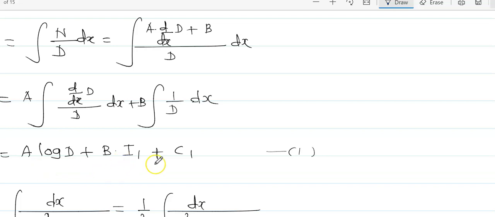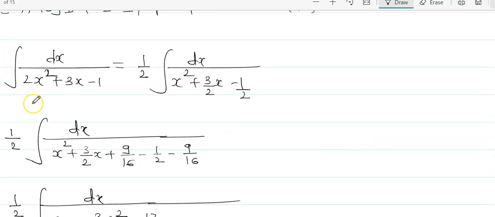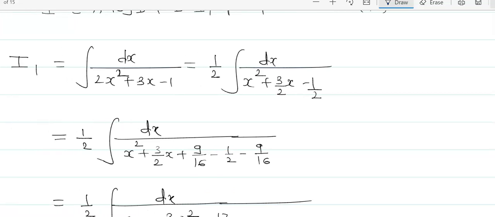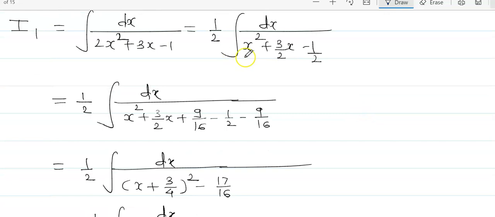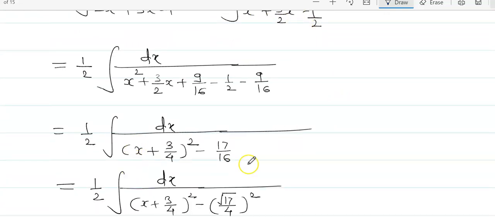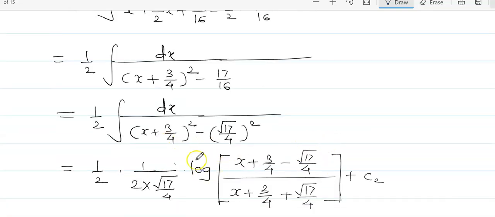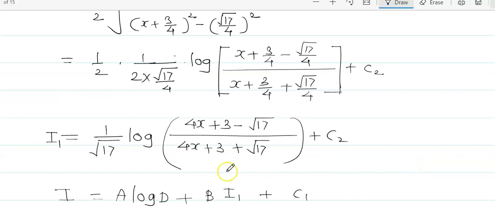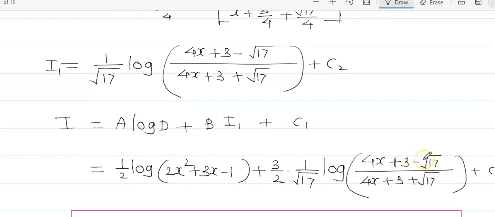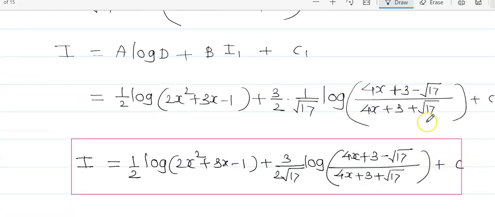A into log of d plus b I1 plus c1. Now this is I1, that is x square plus 3 by 2x minus 1 upon 2. This is the perfect square. It's 1 upon 2a log of x minus a upon x plus a plus c1. And simplify this. Substitute the value of I1. Then you will get the final answer.